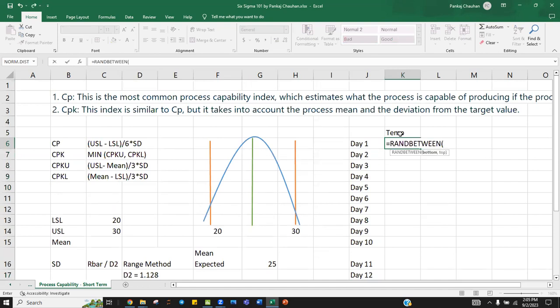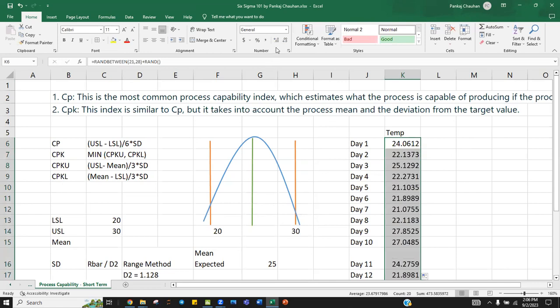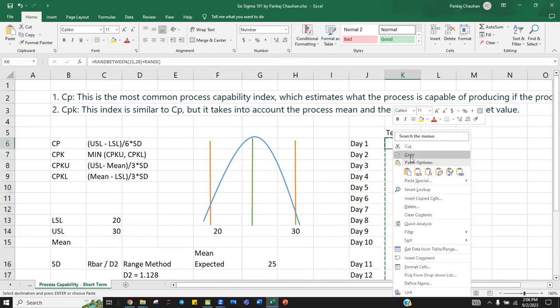Random between 21, and here I'm making it 28 plus some random values in decimals. And this is your temperature data for the last 20 days. I'm copy-pasting this temperature as a value, so that the value should not change.